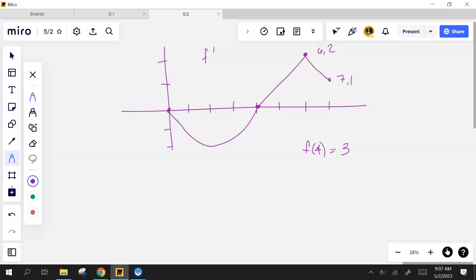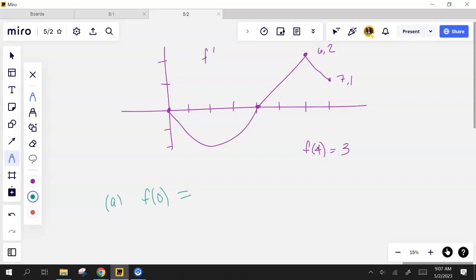All right, f of 0. How are we going to find that? We've got f of 4, so we're going to use that fundamental theorem.